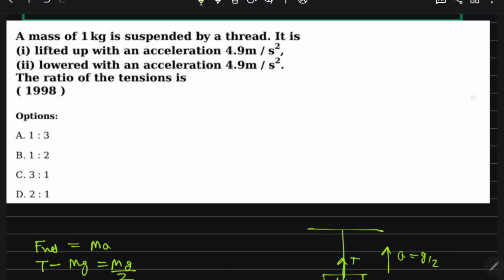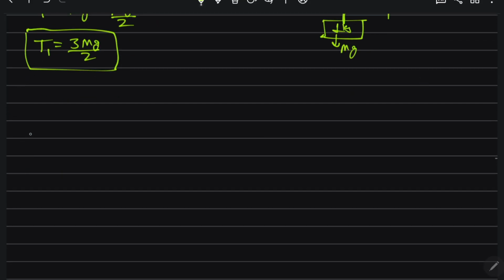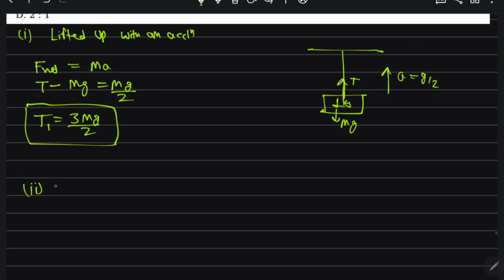When lifted up with an acceleration, this is first. Lowered with an acceleration, when the lift is going down with an acceleration.